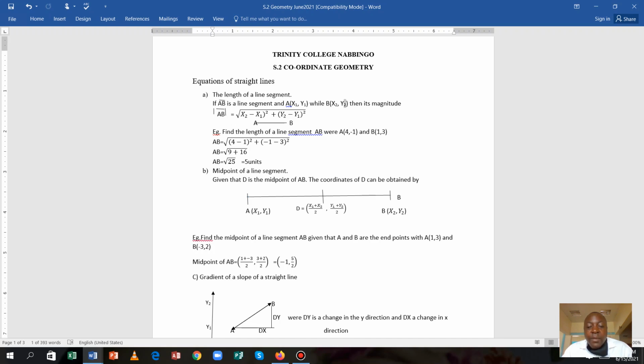Our final answer becomes -1, 5 out of 2. I prefer leaving the number as a fraction because fractions are part of mathematics.